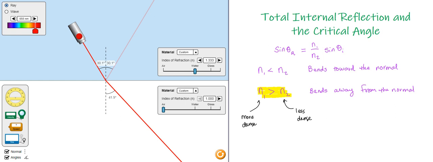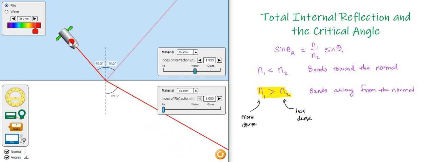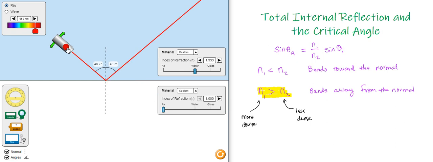So let's take a look at this. As I increase the angle of incidence now that's in the more dense medium, eventually I reach a point where the angle of refraction actually drops out. It's not refracting at all. It's completely reflecting.